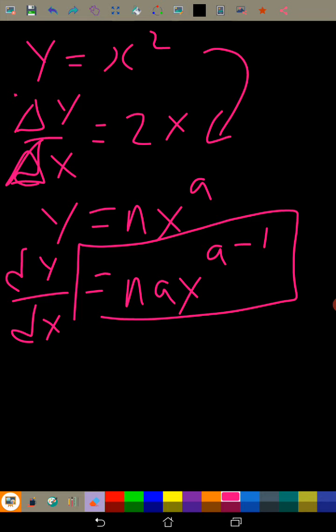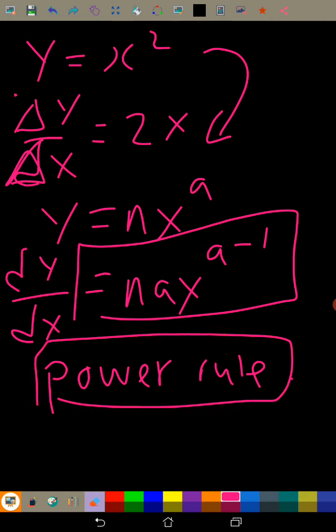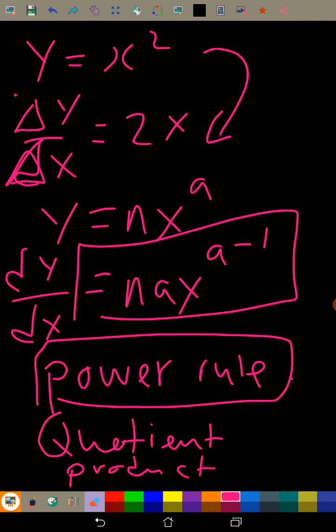So voila, that's how we came to what we call the power rule. The power rule, because in differentiation later on you will see there is the quotient rule, the product rule, and the exponential rule, and so on, when you're differentiating. So this is the first, and this is about power.